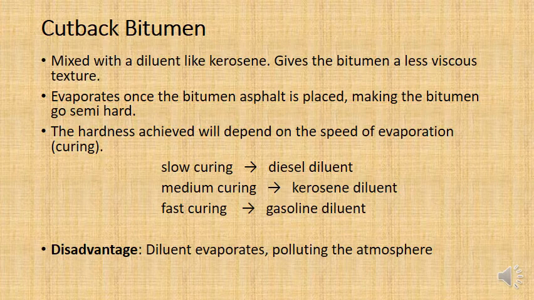So it's going to create greenhouse gases, which is something that we're becoming more and more aware of as civil engineers, and we need to play our part to address. So that's a disadvantage with cutback bitumen. The other big disadvantage is expense, because gasoline in particular is quite expensive if you need fast curing.